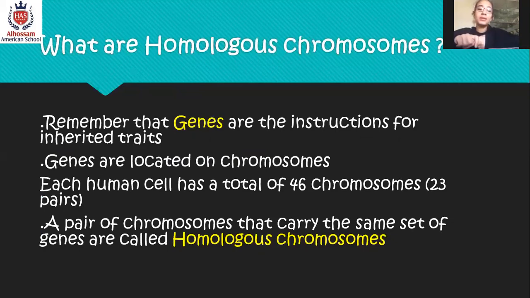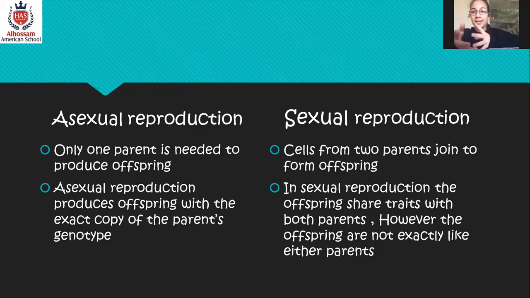Asexual reproduction produces an offspring that has the exact same genotype as the parent. It might also have the same phenotype, which is how an offspring looks. So it might look exactly like the parent, but the likelihood of that is not as high as for the genotype.